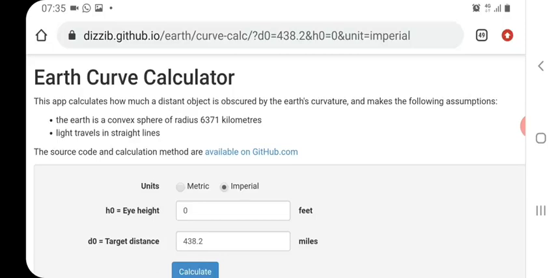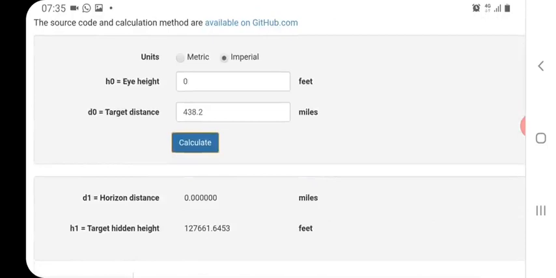I want to know, according to the globe mathematics, how much that horizon is supposedly curving from the ground below Felix to the horizon. So we calculate, and we get a ridiculous figure of 127,661 feet of curve between the ground below Felix and of course the horizon Felix is looking at.